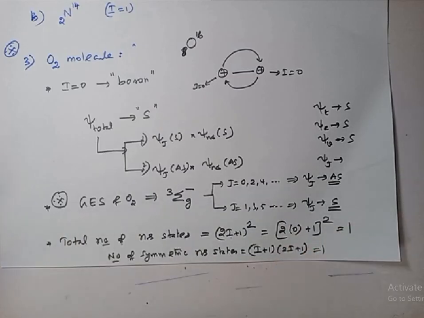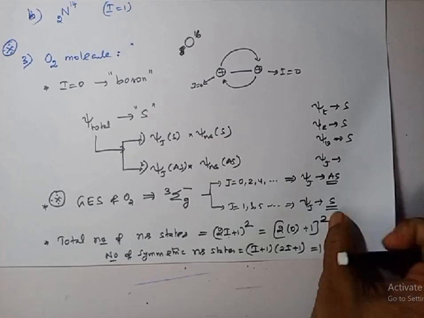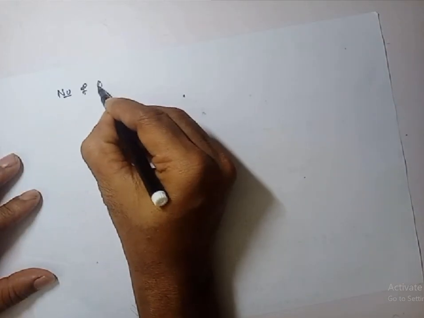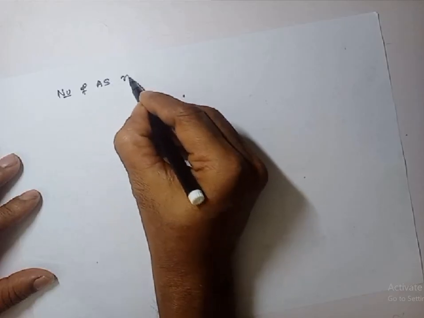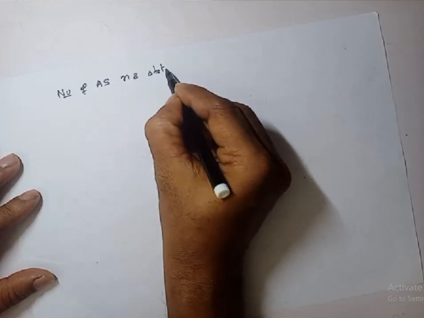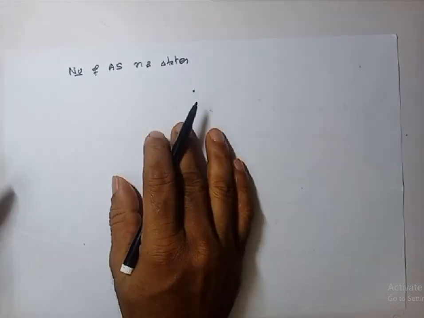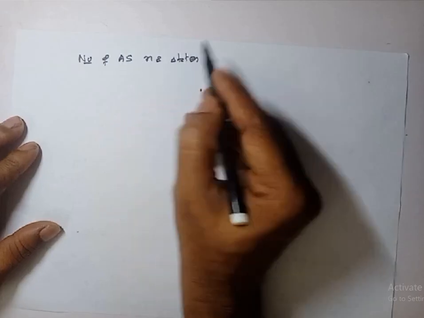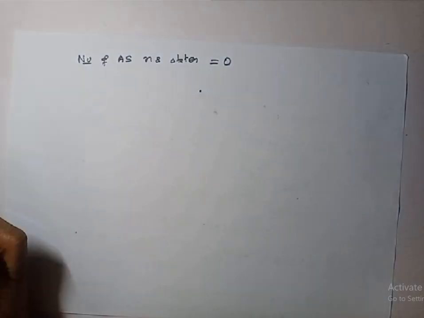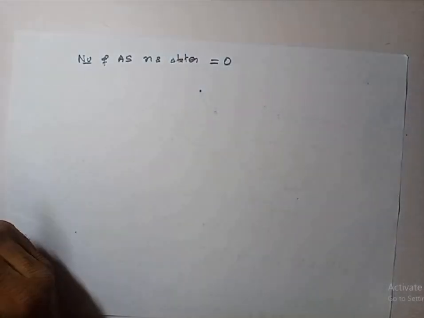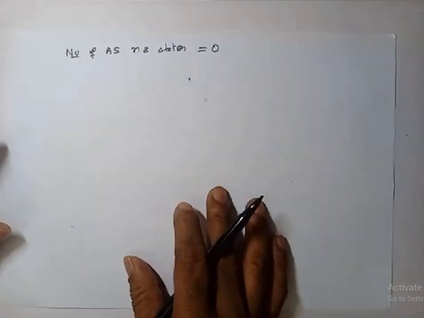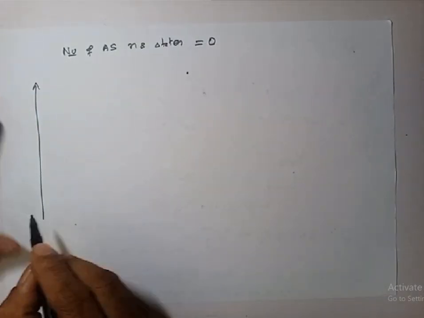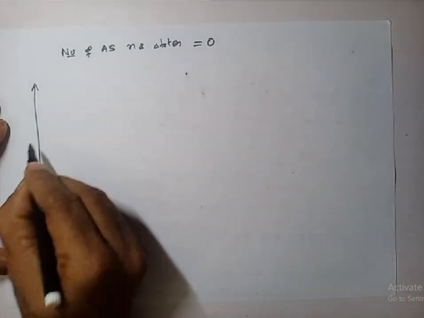So there is no antisymmetric spin state here. The number of antisymmetric nuclear spin states equals 0. Now, listen carefully. Before the effect of nuclear spin, how the levels are there, we'll discuss that first.